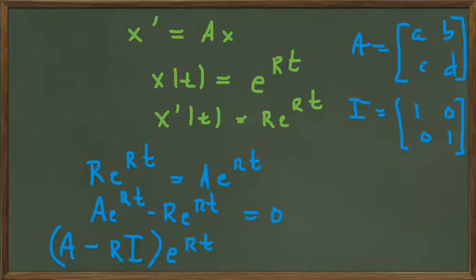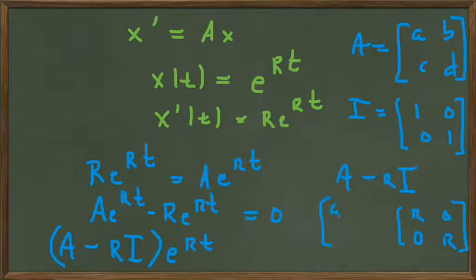So when we say A minus rI, that rI is r multiplied by the matrix I, and it just changes those entries that are 1s to r's, so that one becomes an r, that one becomes an r, but these two are 0, so 0 times r is 0.